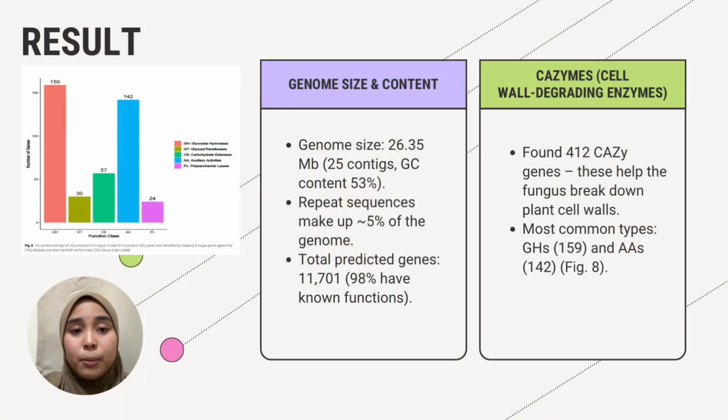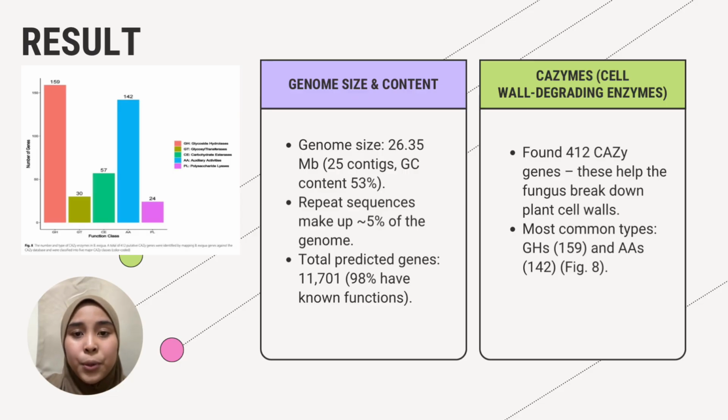The genome of Bioremia exigua is 26.35 Mb in size with a GC content of 53%, and it is assembled into 25 contigs. Repeat sequences make up about 5% of the genome. A total of 11,701 genes were predicted and 98% of them have known functions.